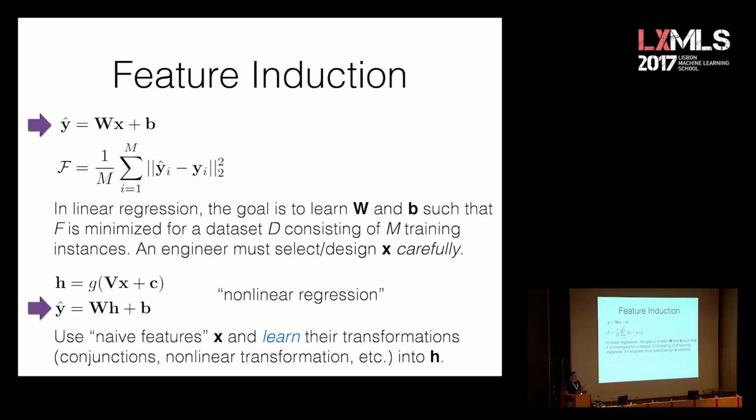So we can think about a nonlinear extension to linear regression as follows. Rather than using the features that we might easily be able to measure, x, directly in the linear regression, we're instead going to compute this vector h by passing x through a linear layer, a matrix-vector product plus a bias, and then we're going to pass this through a nonlinearity, which I've designated as g here.